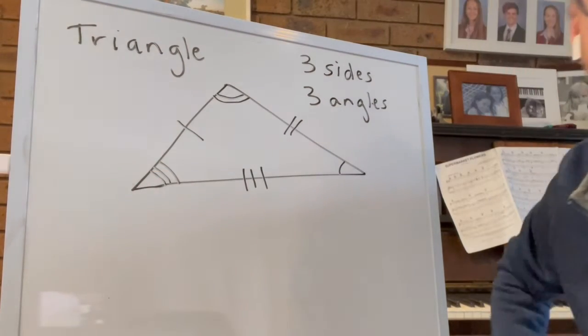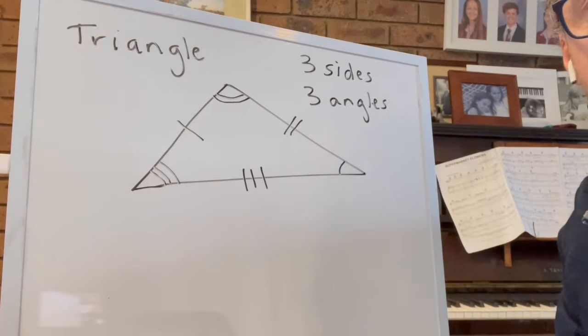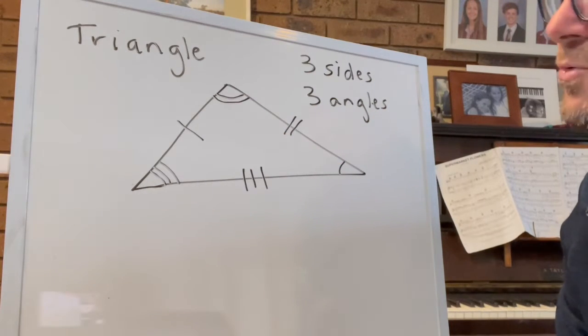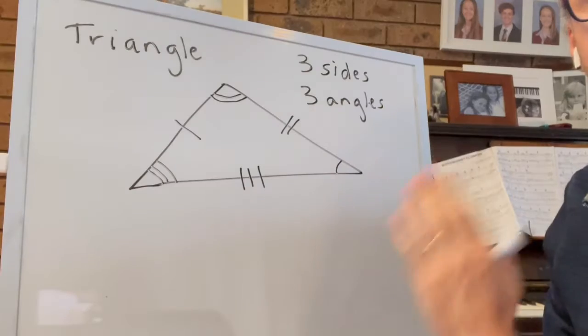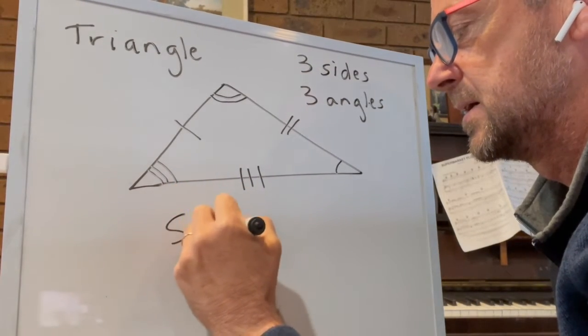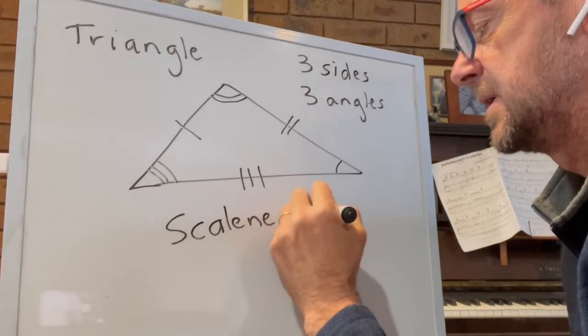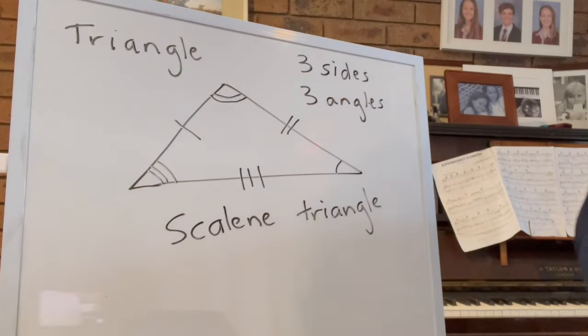So what we can see with this particular triangle is that it has three different side lengths and three different size angles. So as such, it is what we would call a scalene triangle. And that is, it has three different side lengths and three different size angles.